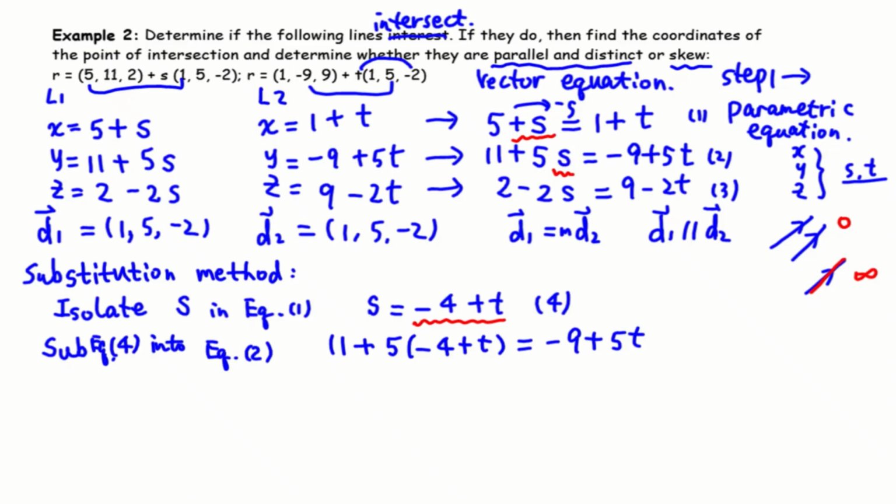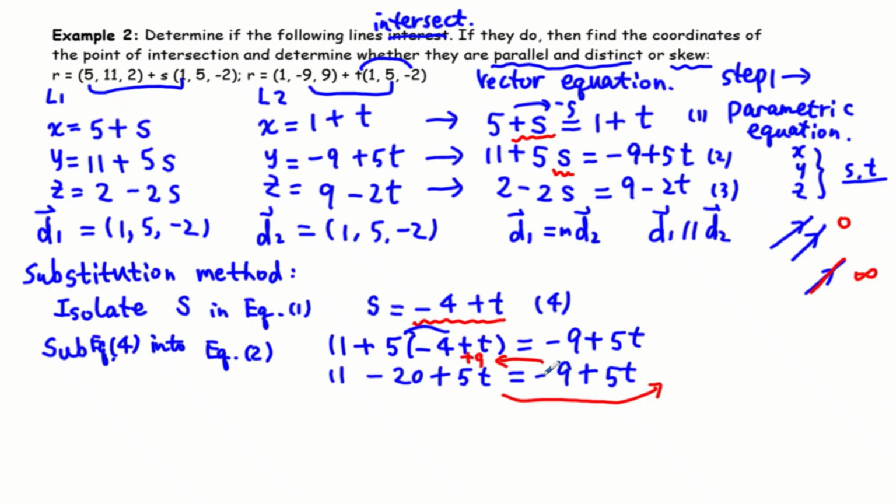Then we expand it in order to collect the like terms. So we have 11 minus 20 plus 5t equals negative 9 plus 5t. So we move the t to other side to collect the like terms, then move the 9 to the left side.